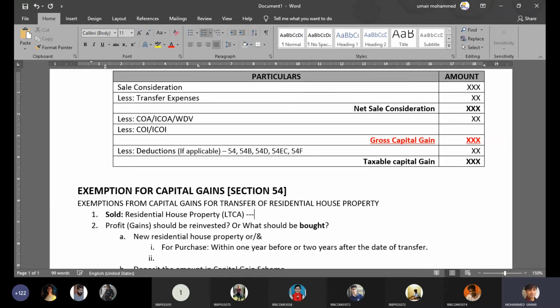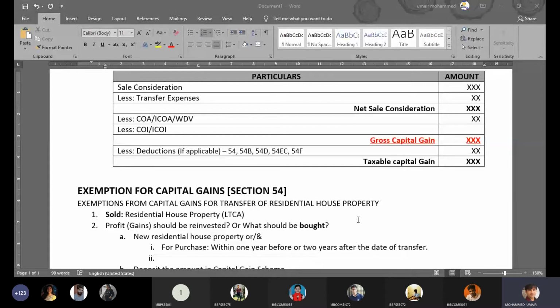Assuming this house property is sold in the year 2020, I can claim exemption had I bought the property in 2019 itself, 1 year before, or I'll be given time till 2022 to buy a new house. So that's the time frame given by the income tax department, either 1 year before or 2 years after the transfer of the house property.